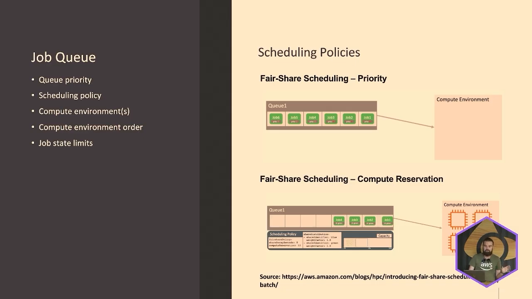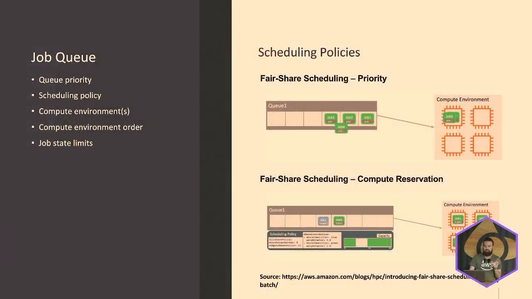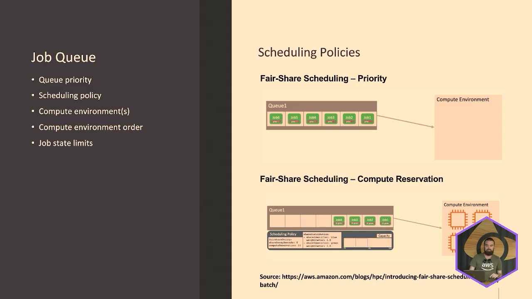And then the last scheduling policy we're going to look at tonight is the compute reservation one, where you always keep an extra space just in case someone comes and joins the queue a bit later. In that example, even though there's 4 jobs submitted by the green user, it still leaves one instance open, so that if another user comes along later, there's immediately space.